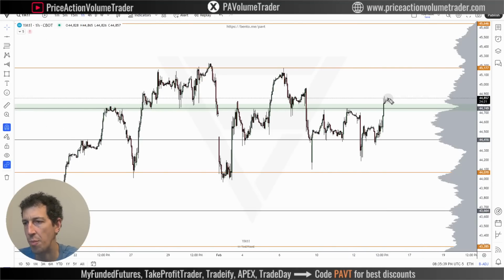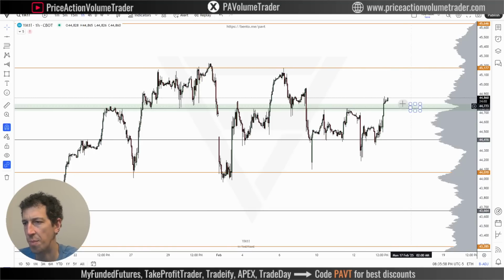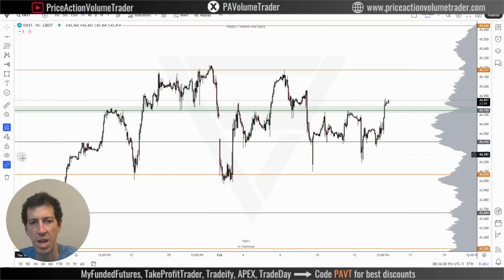So now I will be looking at possibly a pullback, and look to hold into this broken resistance, flip this again to support, and then we look for this swing high, and then for this highs over here, for example. Okay, so my low volume node zones are just a guideline for me.